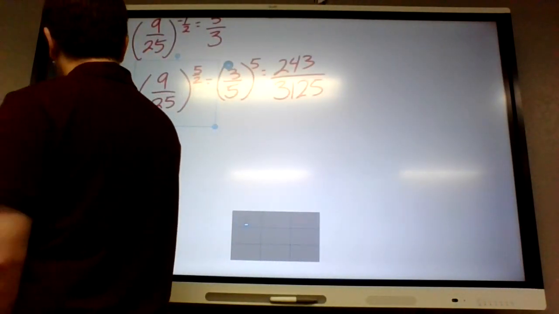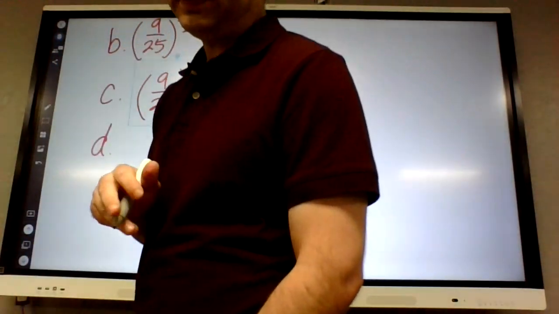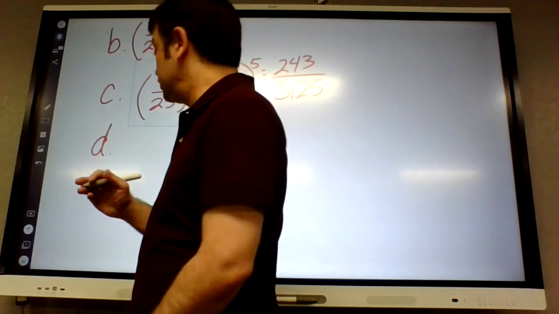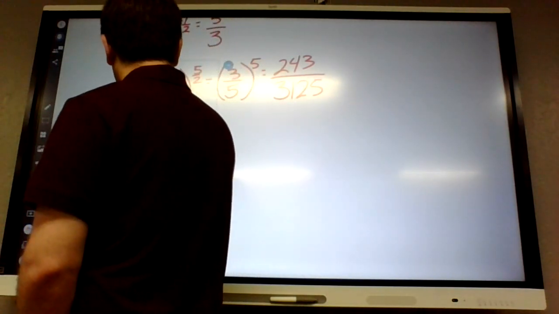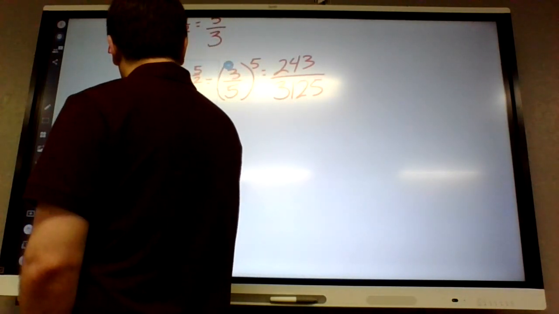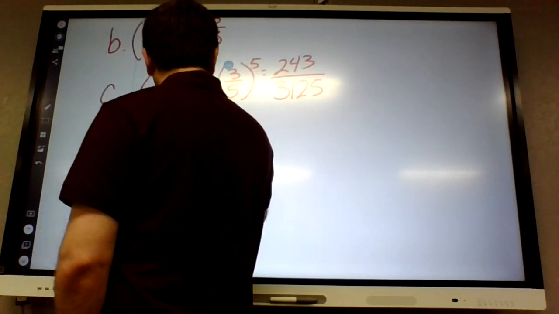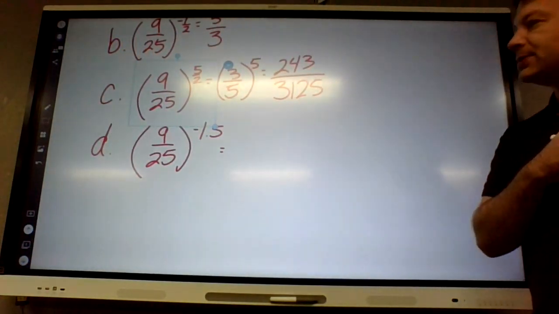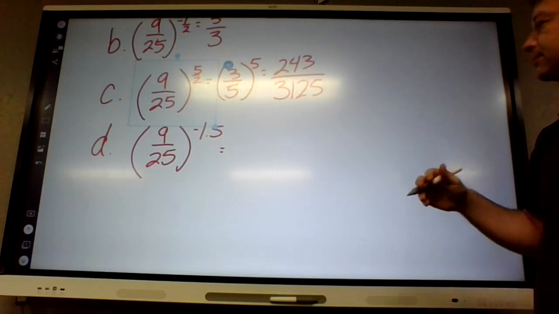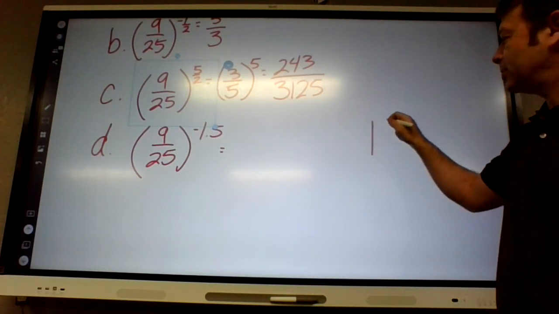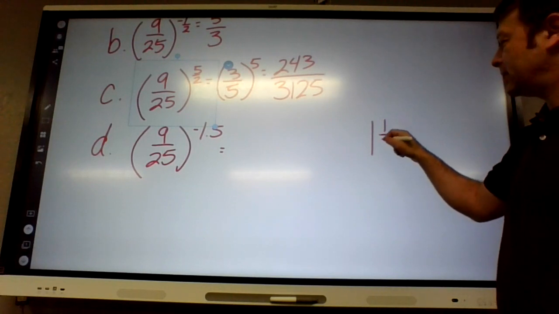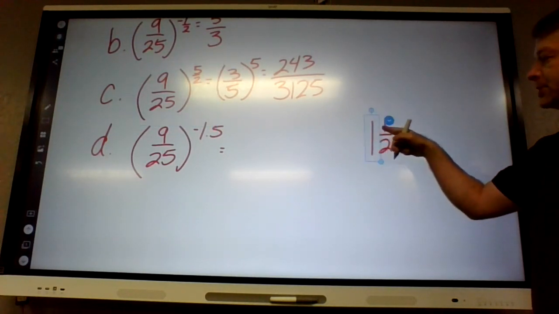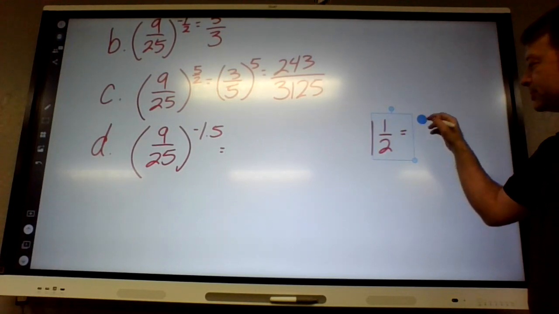Now D. Okay, uh-oh. Negative 1.5. What to do? Well, what's 1.5 as a fraction? It's 1 1/2. What's that as an improper fraction? 2 times 1 plus 1 is 3.